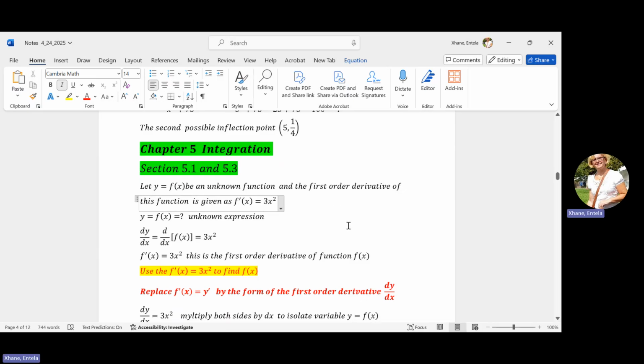There's a function f of x, y equals f of x, that is unknown. We don't know what the function f of x is, but what we know is the derivative of it. So we know f prime of x, and that is given as 3x squared. In other words, the expression of f of x is a question mark. It's unknown.